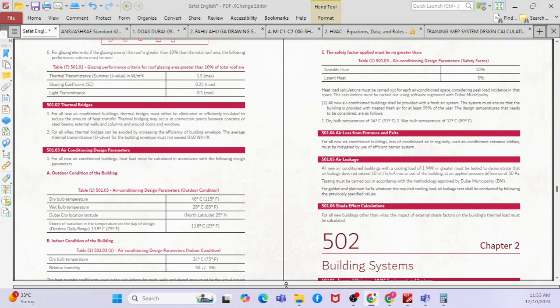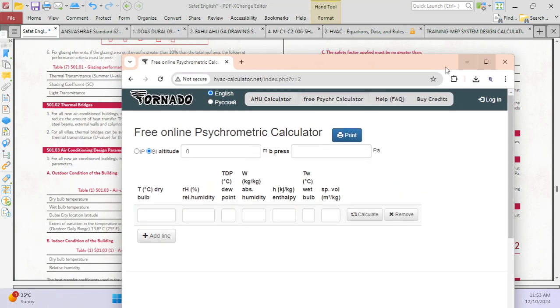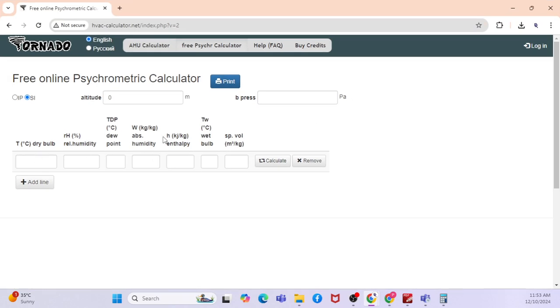But if you go to the psychrometric chart, you can see there are different values, right? You have dry bulb temperature, relative humidity, dew point temperature, absolute humidity, then enthalpy, wet bulb temperature, specific volume.